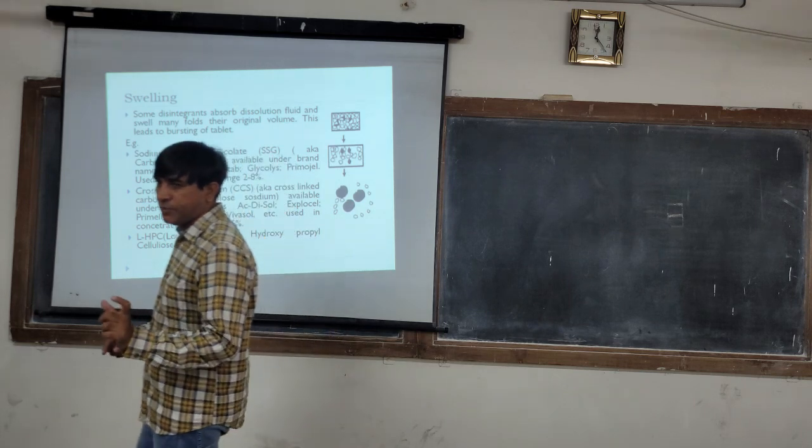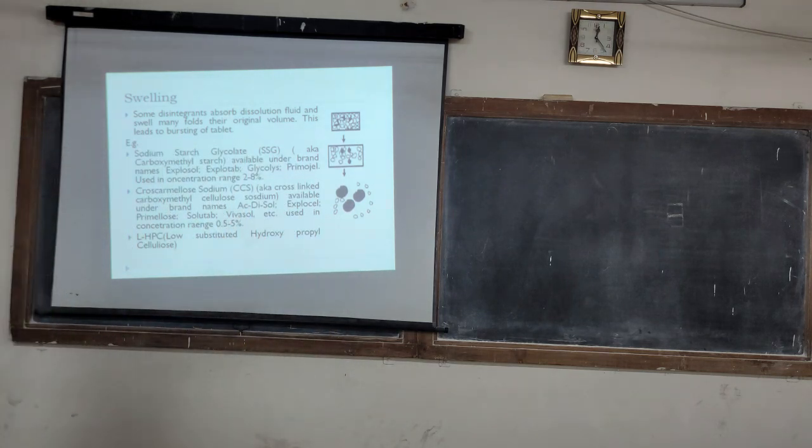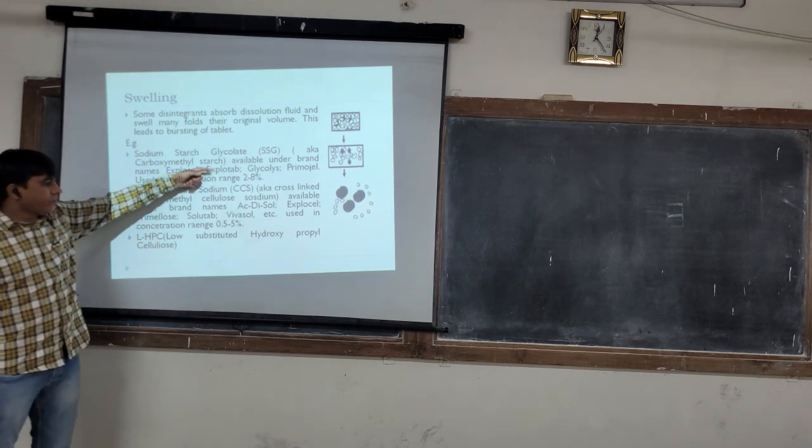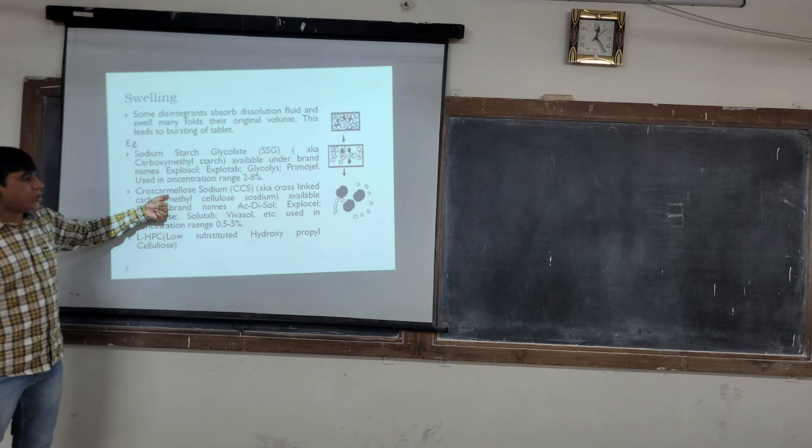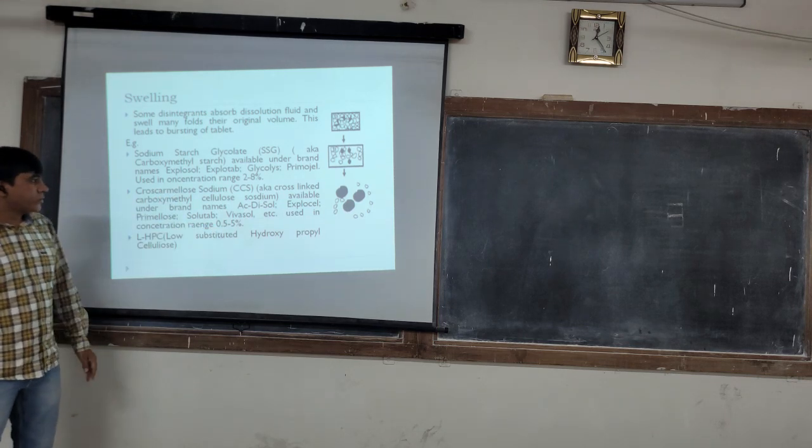Both are swelling type of disintegrants, and they are also coming under the category of super disintegrants. They are active at the concentration range of 2 to 8%, and croscarmellose sodium is 0.5 to 5%.